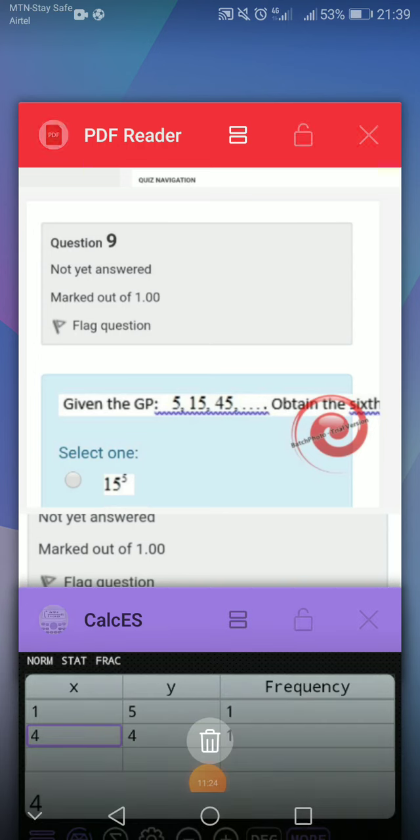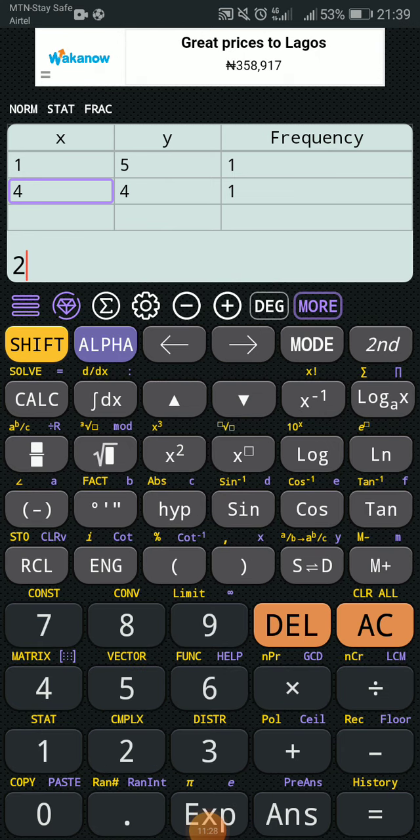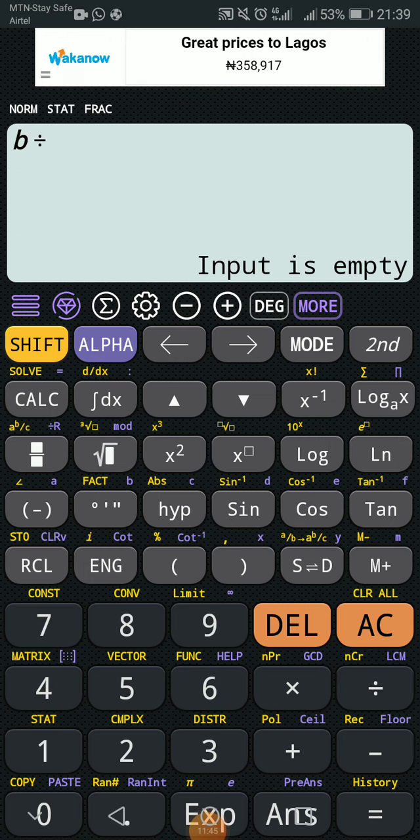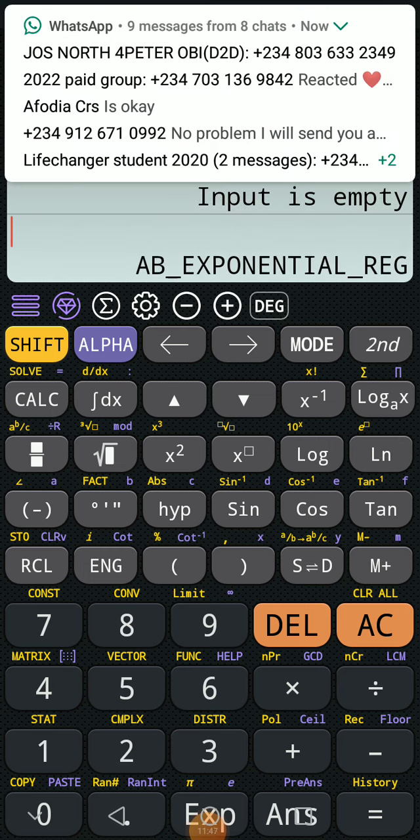Then for the second one, second term is 15, so I'll write 2, which represents second term. Then I move my cursor. Then this is 15, then press equal to, so it is stored. My first term is 5, my second term is 15. Once I store, I press equal to, then AC.